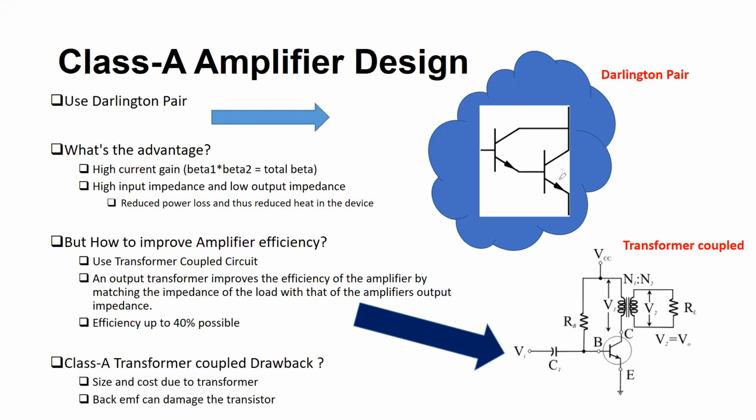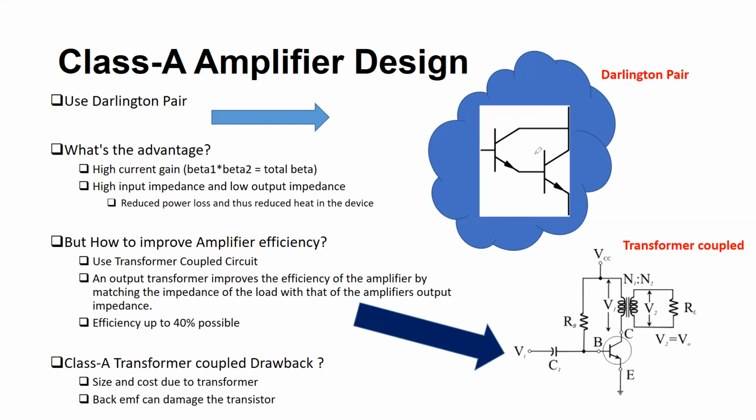And the arrangement of this transistor is that the collectors of the two transistors are shorted. The emitter of the first transistor is connected to the base of the second transistor, and the emitter of the second transistor is separate, and the base of the first transistor is also separate. So this configuration is called as Darlington pair.